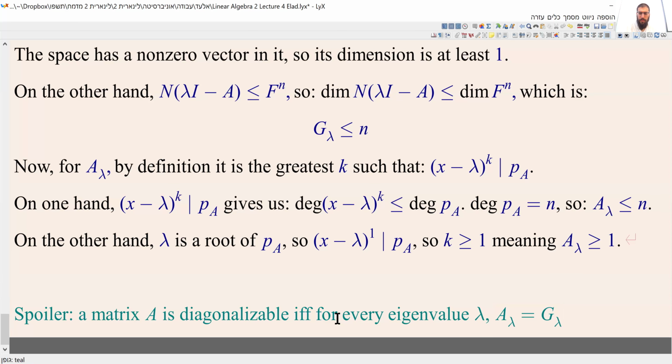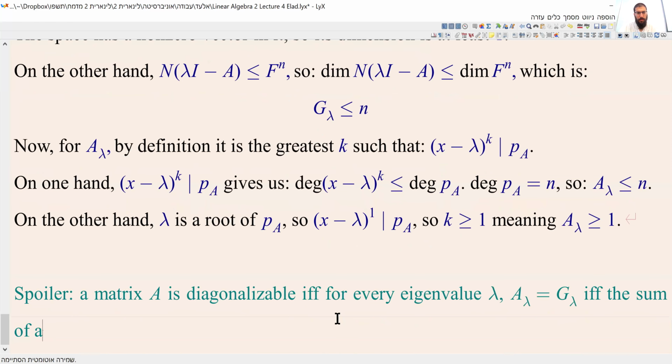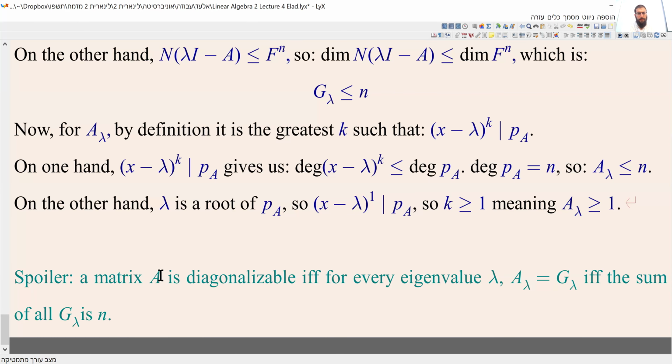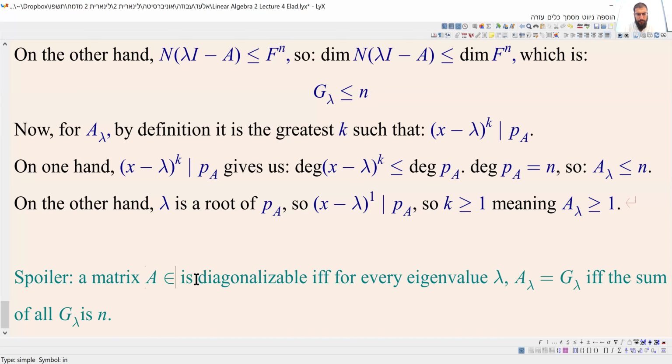And this is true if and only if the sum of all geometric multiplicities is n, where n is the order of the matrix. You can edit here.